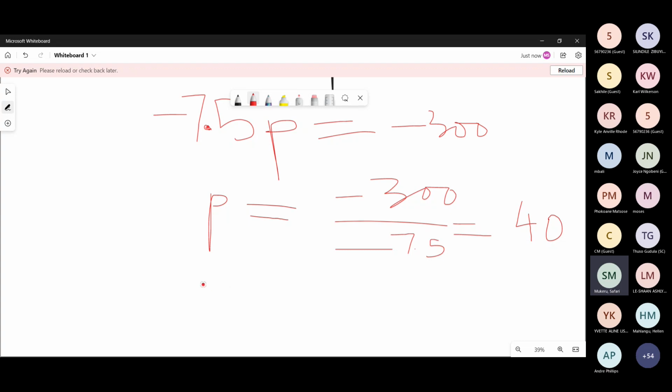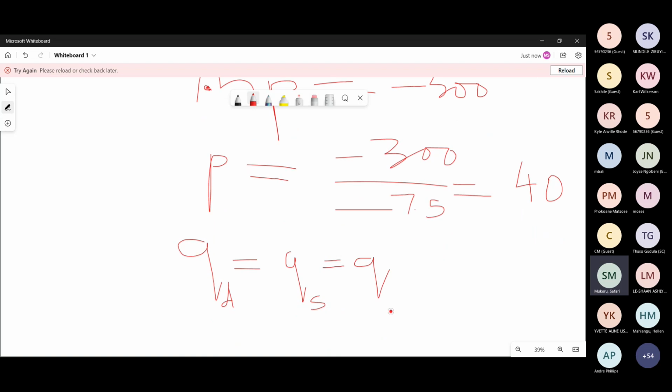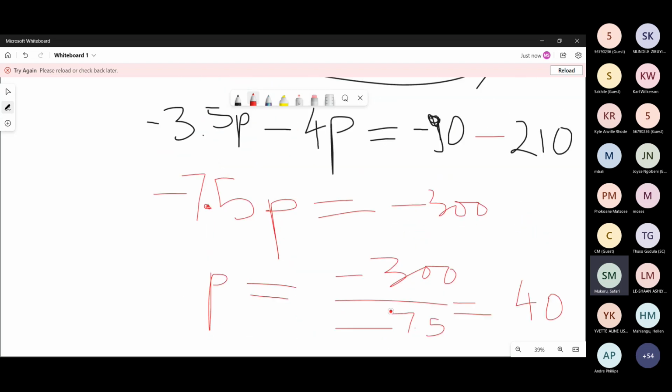Now we find out the quantity. What will be the quantity supplied? It will be the same thing as the quantity demanded. QD equals QS, and we simply denote it by the same letter, Q. How do we find Q? We go back to the demand equation.